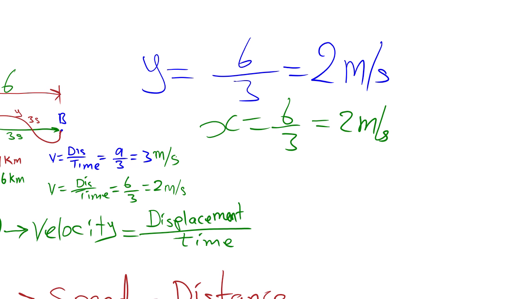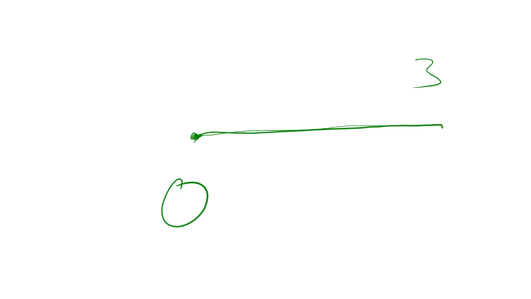So velocity, we calculate the resultant, the final displacement. So here is something that will help you to understand this more. Let's say this is the reference point, and an object started moving towards the west up to 3 kilometers, then it comes back to the starting point. If you are calculating displacement, it is 0. Why is it 0? Because you are calculating where the object started and where the journey ends.